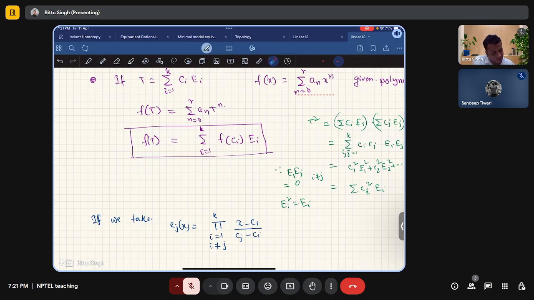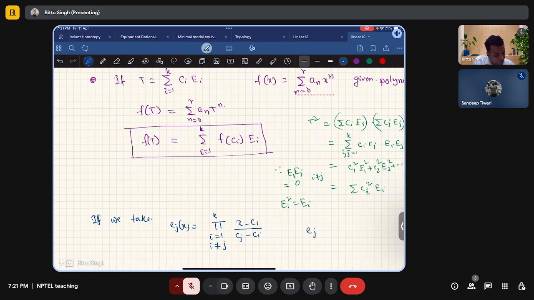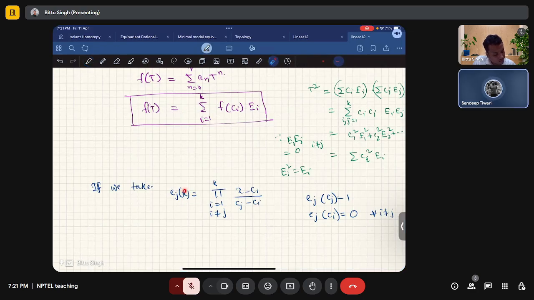So the property of this polynomial is that ej applied on cj will be 1, and ej applied on any other ci will be 0 for all i not equal to j. Is it clear? Because cj minus ci will cancel out.